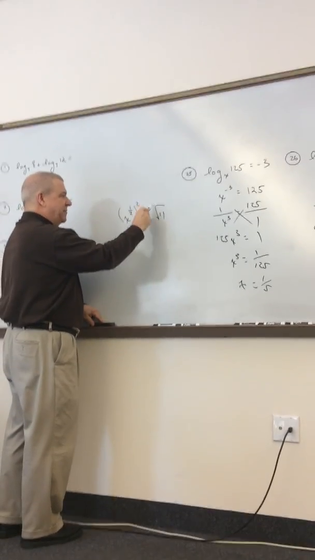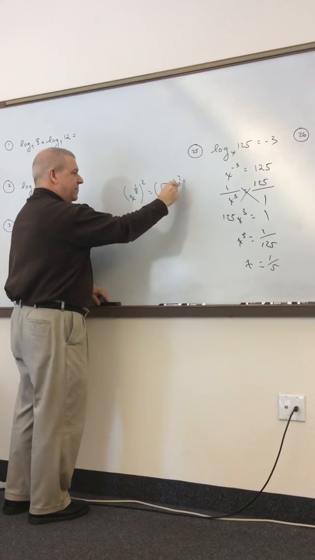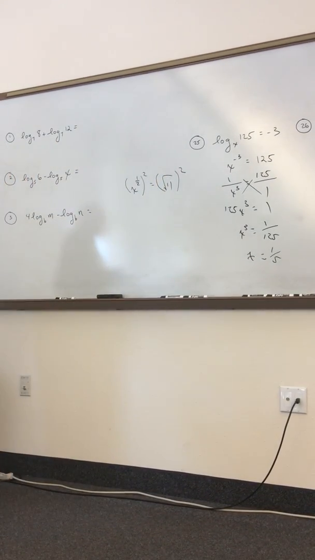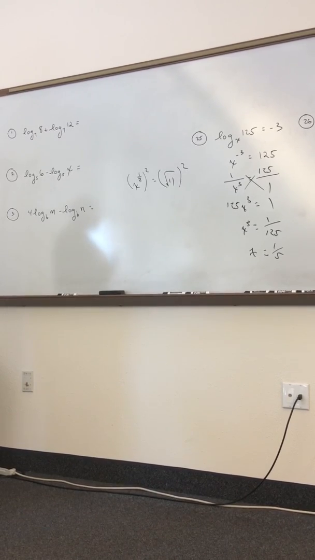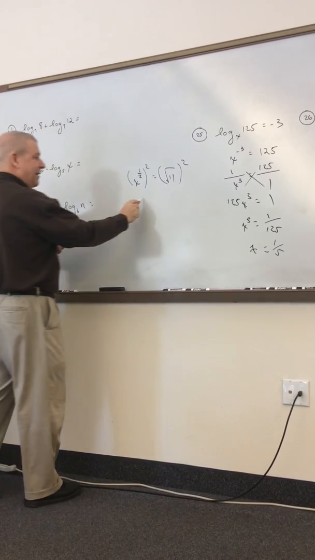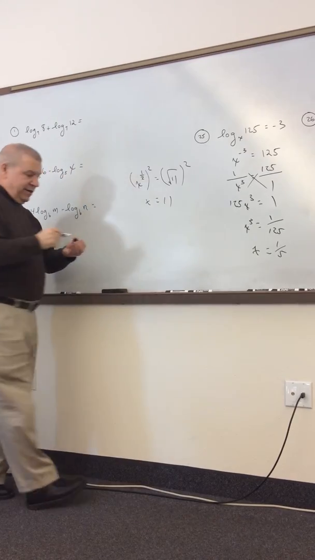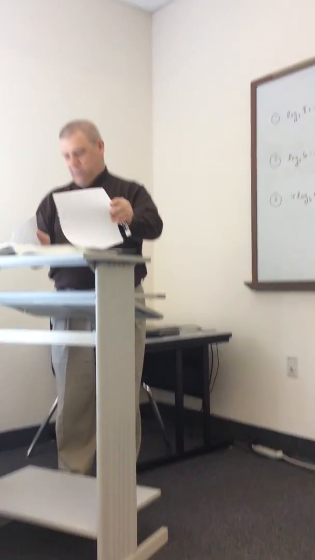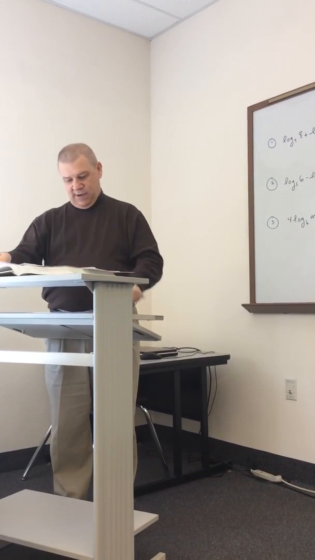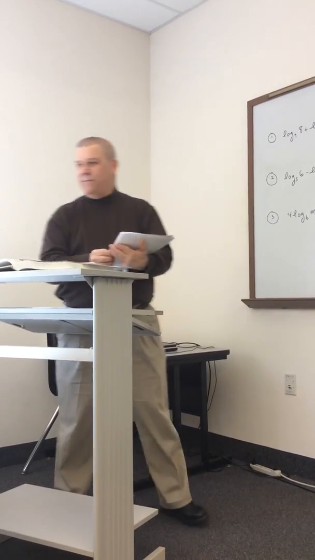Raise both sides to the reciprocal. That's going to come right out for you, isn't it? What's the answer? It comes right out, don't it? Jimmy? 11. 11. Any question on those? Okay. Did I give you the papers?